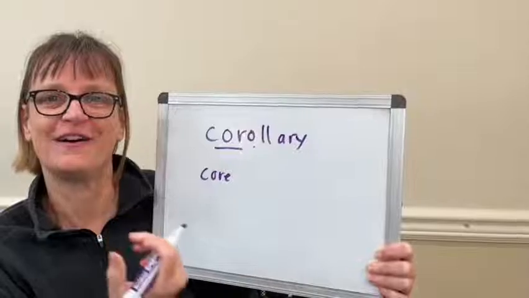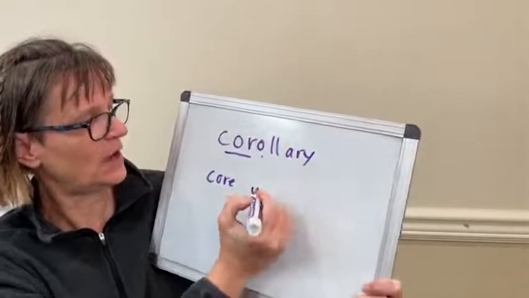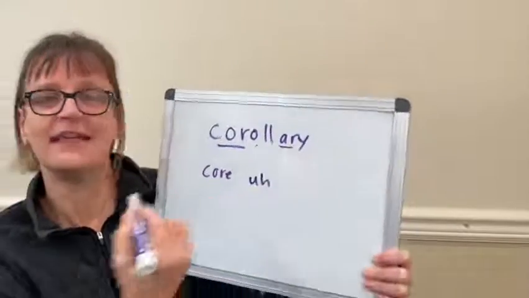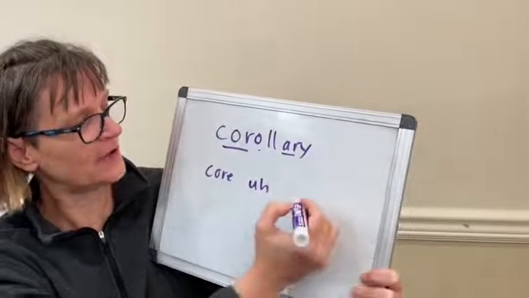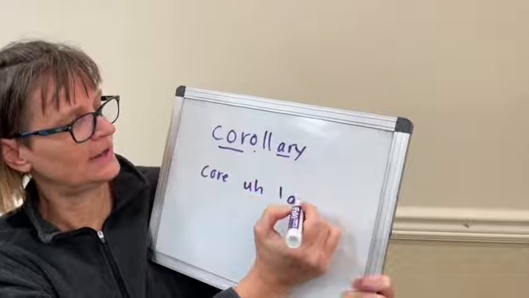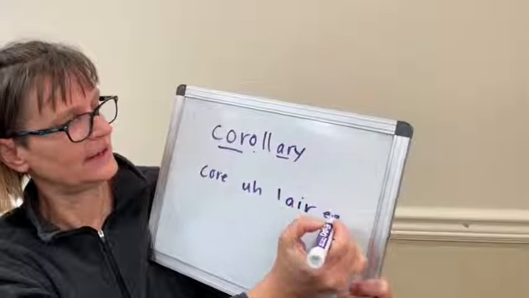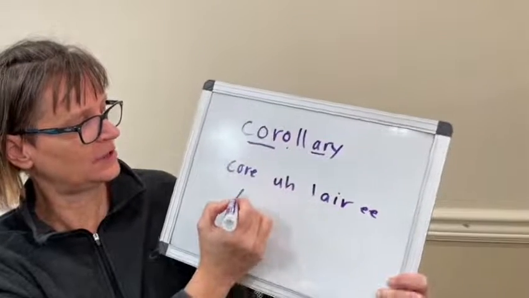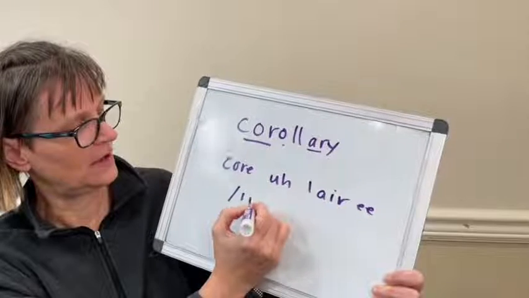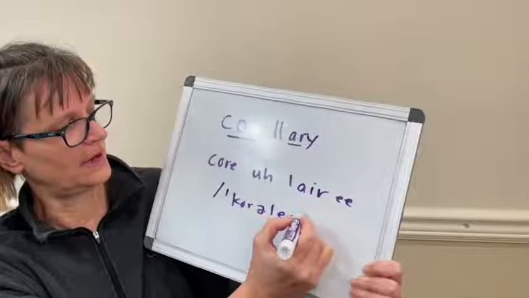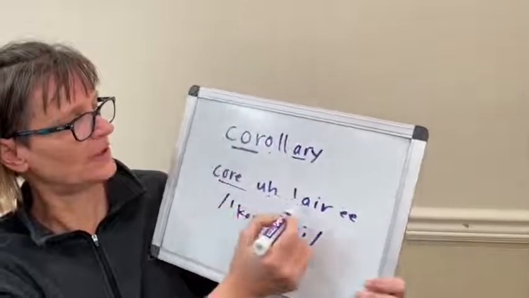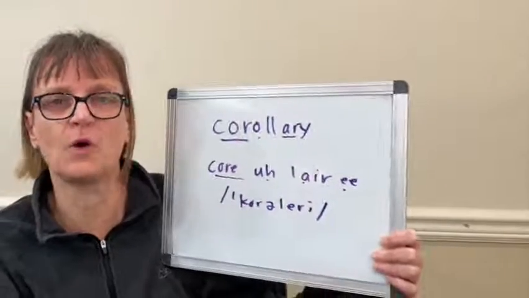Then we have the reduced sound, the schwa, core, the letters AR in corollary say the air diphthong, so corollary. In the IPA, it's going to look like corollary. So corollary, the corollary.